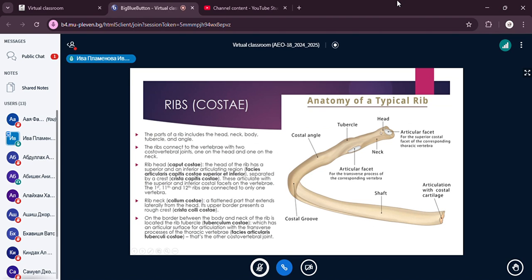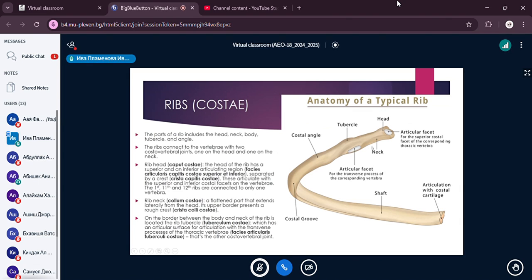You can see here on the head, we have an articular facet for the thoracic vertebrae. Here on the neck, we have an articular facet for the transverse process of the thoracic vertebrae.